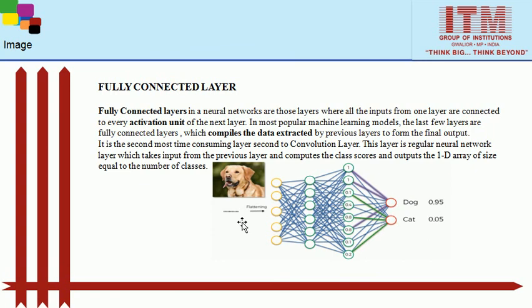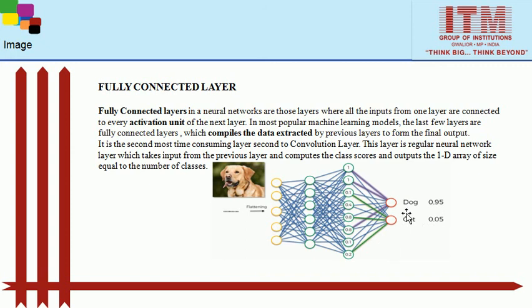Like here, this may be the input image, then after extracting its important features, we will get the answer in a flattened array form, and from this flattened array it will decide that the features given by all these neurons match 0.95 with dog and 0.05 with cat.